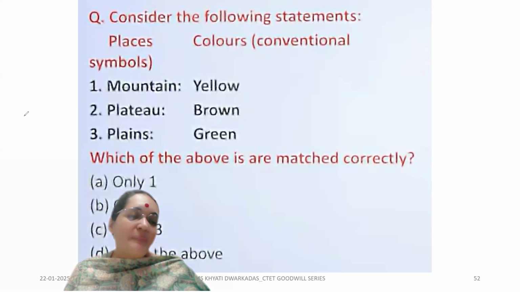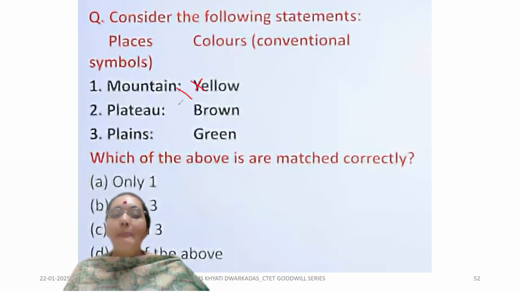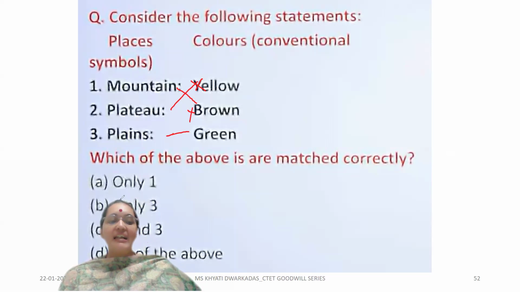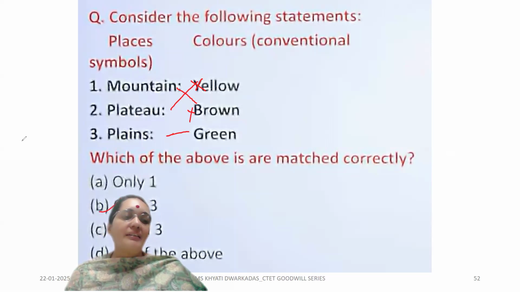Very good, Zainab ma'am. We remember that so well. Mountains are not yellow in color. Mountains are brown in color. Plateaus are yellow in color. So even this is not right. Plains are green. So answer is only 3. Only this matches. So B is the correct answer.